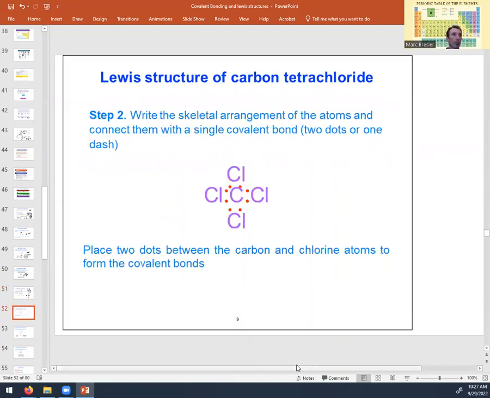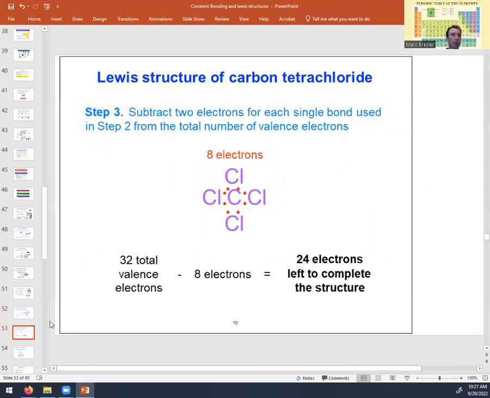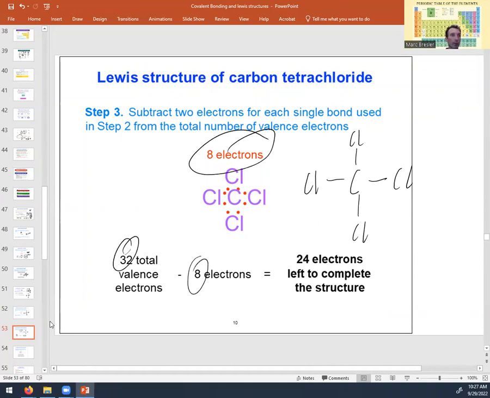So we wrote the skeletal arrangement. That's step 2. Step 3, subtract the single bonds: 2, 4, 6, 8, 8 electrons. So 32 minus 8 is 24 left.